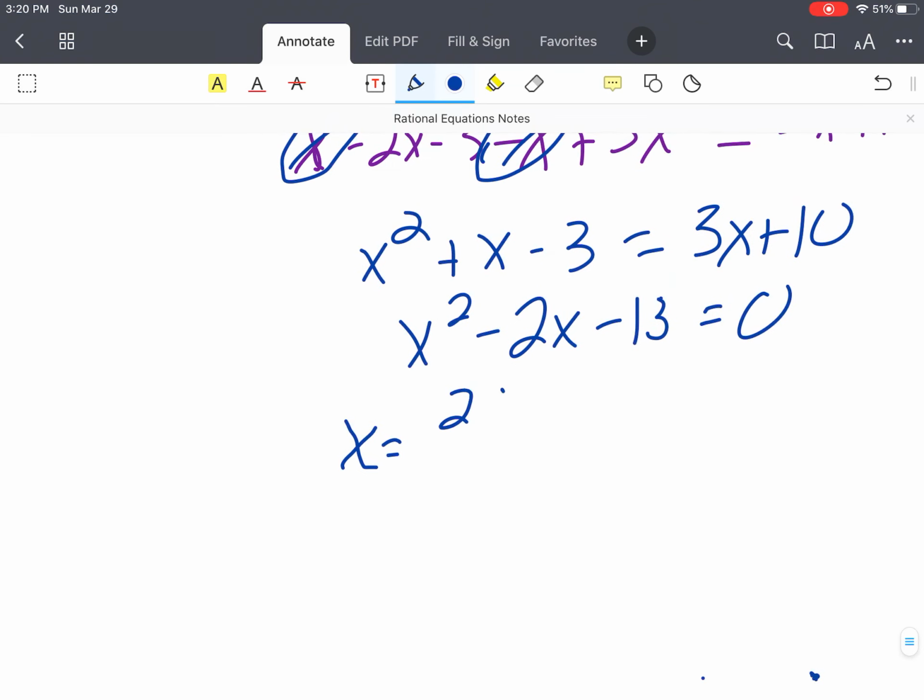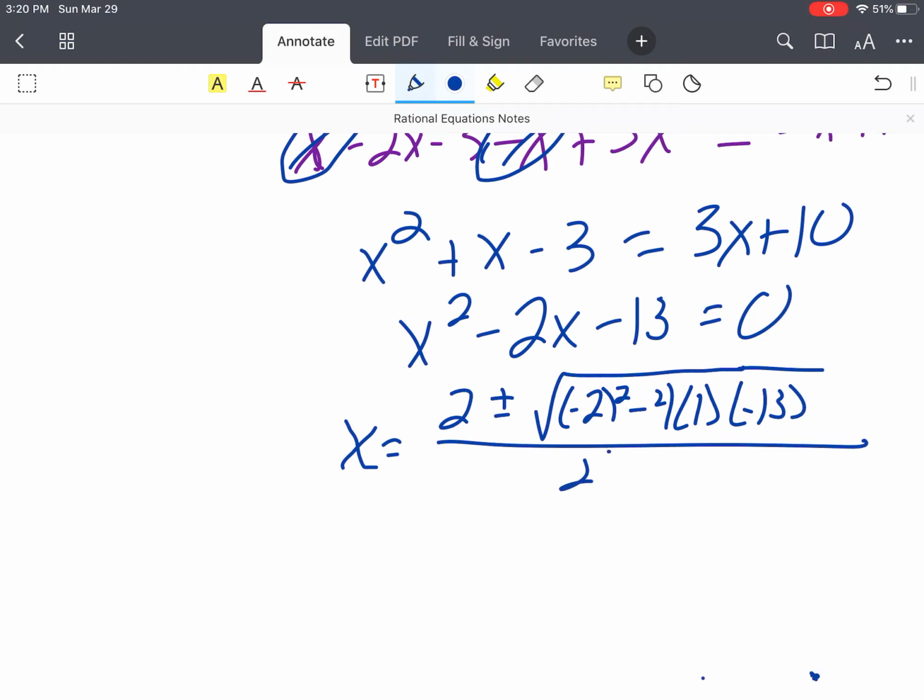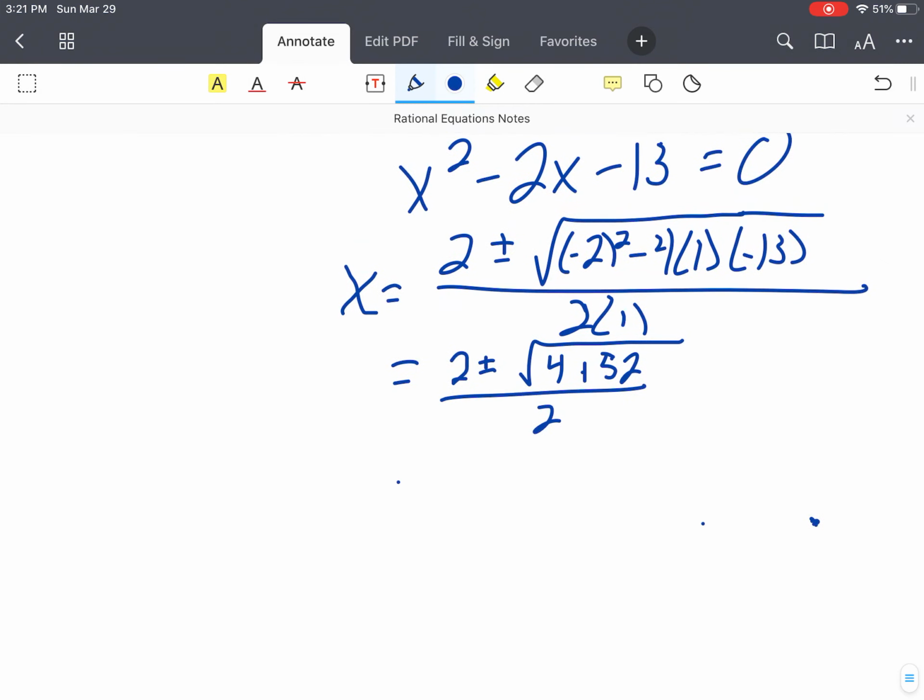Alright, negative b, so 2 plus or minus the square root of negative 2 squared minus 4 times 1 times negative 13, all over 2 times 1. Okay, so that's 2 plus or minus square root of 4 plus 52 all over 2, which is 2 plus or minus square root of 56 over 2.